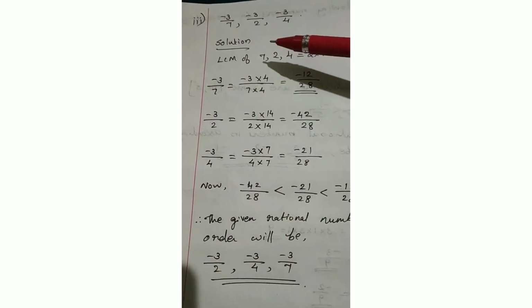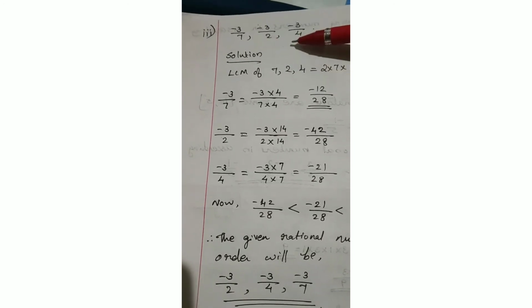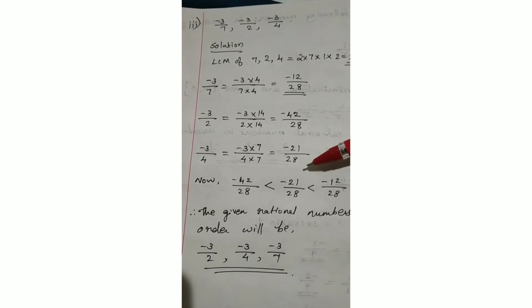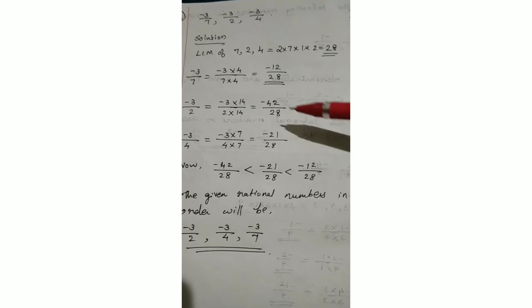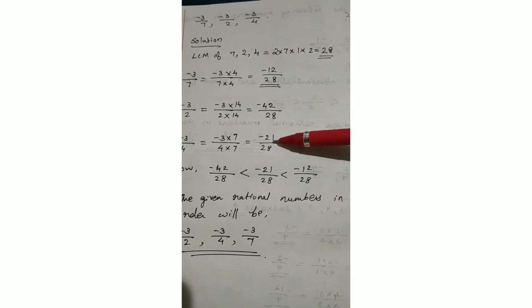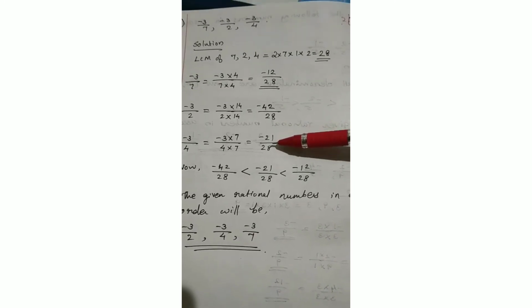Then our next step is we have to convert these rational numbers into the LCM as the denominator. Here the LCM is 28. After that we have to compare the numerators. Here negative 42, negative 12, negative 21 are the numerators. Among these, we know that negative 12 is greater than the other two numerators.